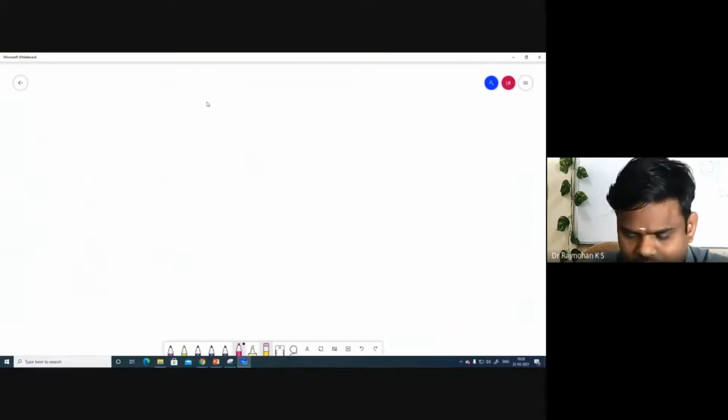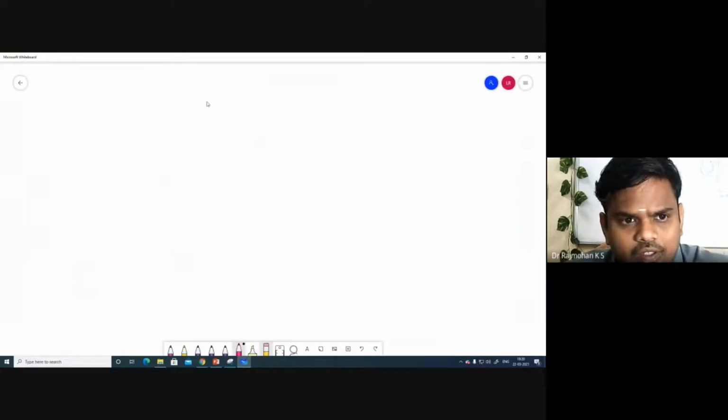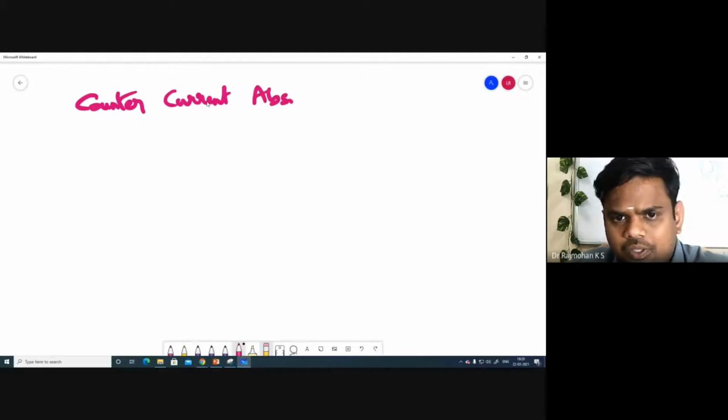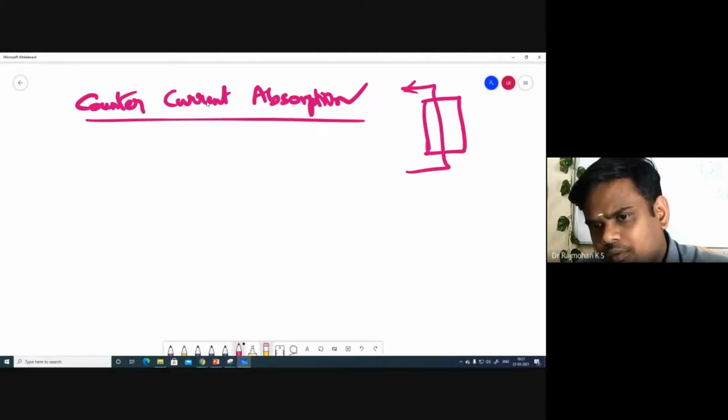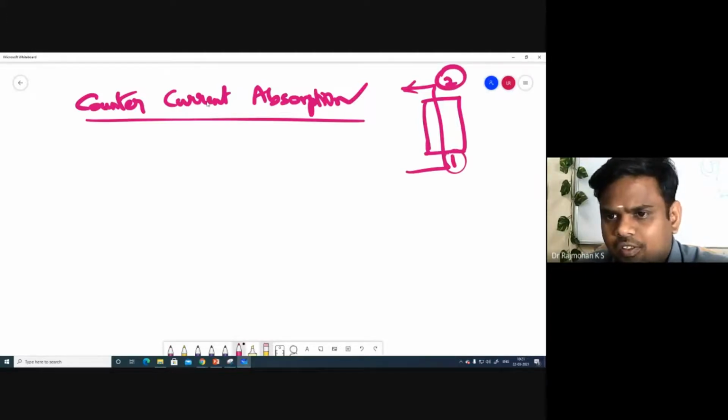So consider counter current absorption. What we have is bottom conditions 1, top conditions 2, as the standard, so that we don't make any mistakes in the calculations.